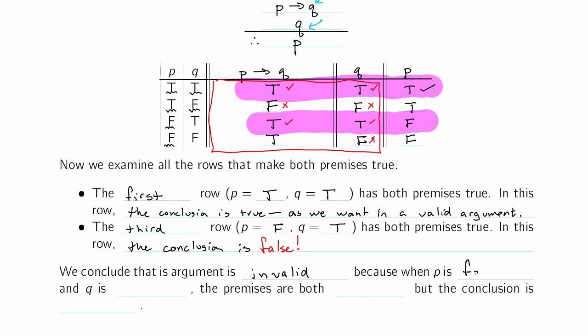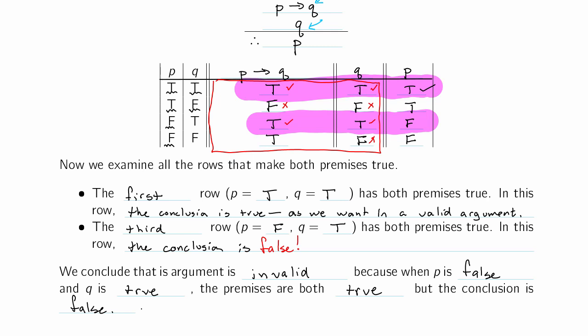When P is false, but Q is true, the premises are both true, but the conclusion is false. That's what we cannot have in a valid argument. So the argument is invalid. Now, the thing to note here is the argument being invalid, that's an absolute thing.